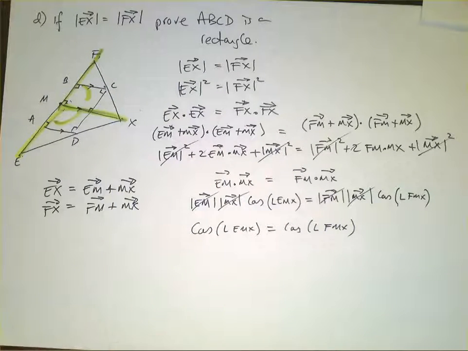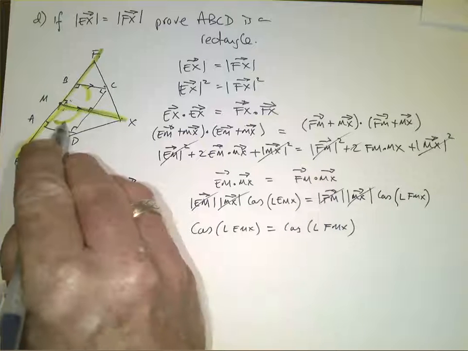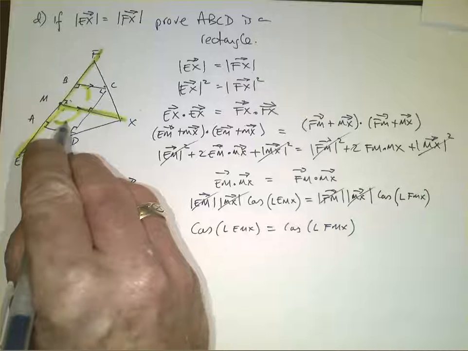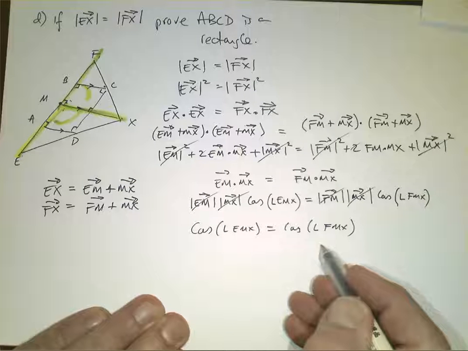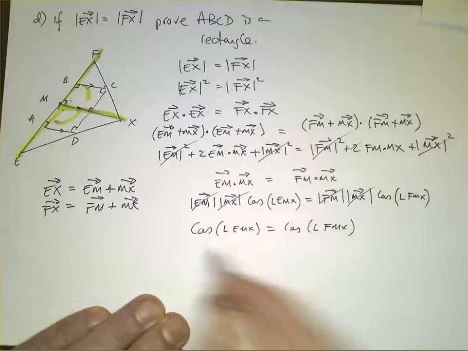Now, if one of these angles was bigger than 90 degrees, therefore its cosine will be negative, and the other one's cosine will be positive, so therefore their cosines will not be the same.